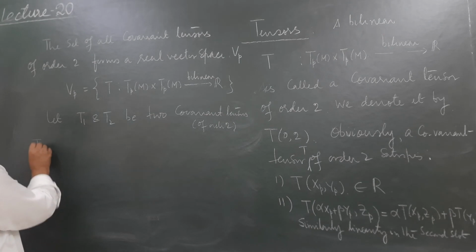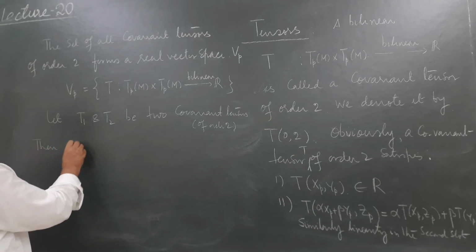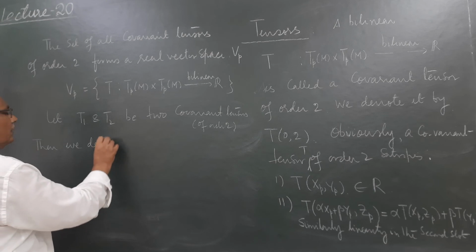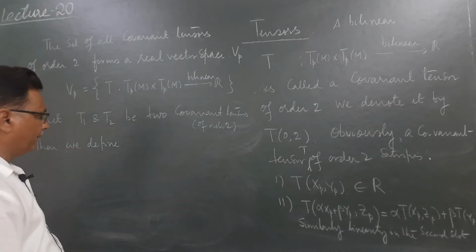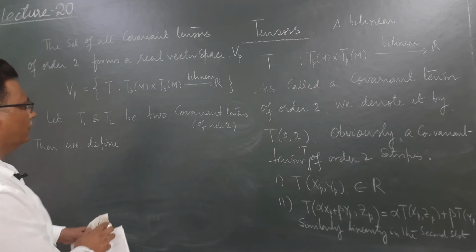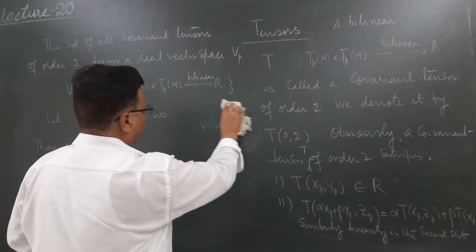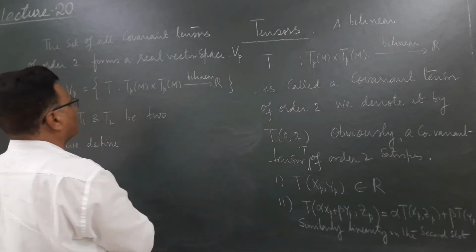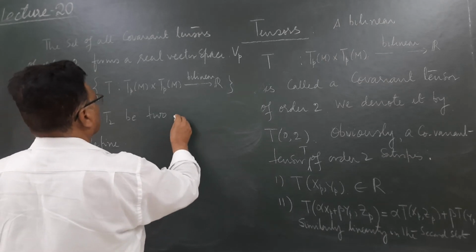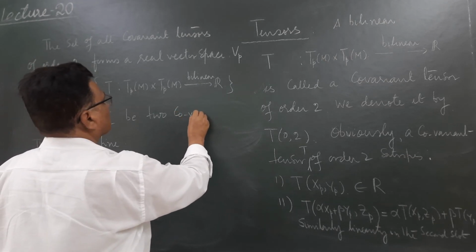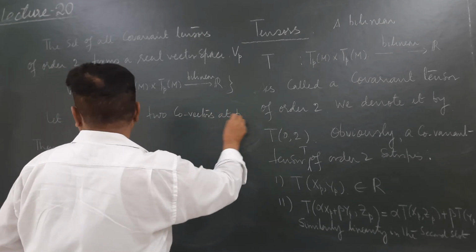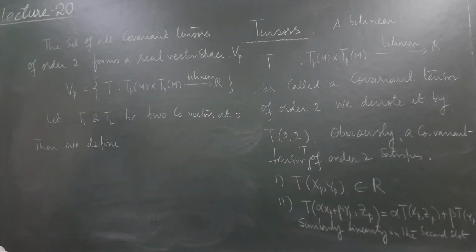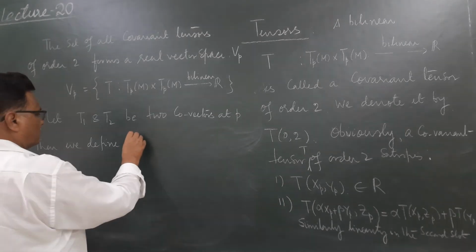Then we define a product of T1 and T2. Or be 2 covectors. Instead of tensor, you take 2 covectors at P. Then we define the product.